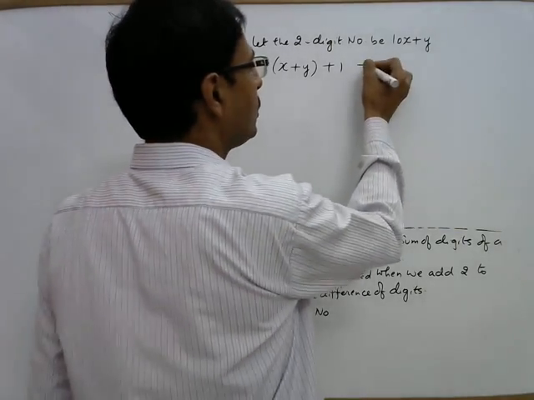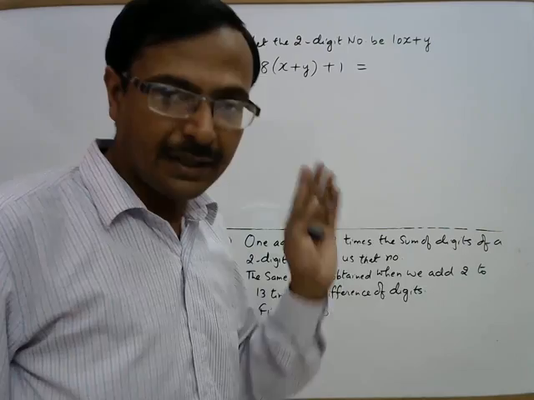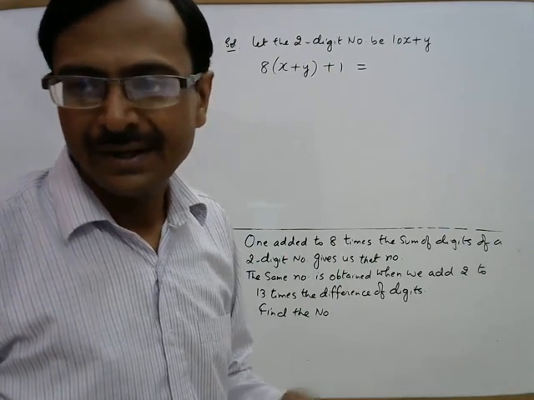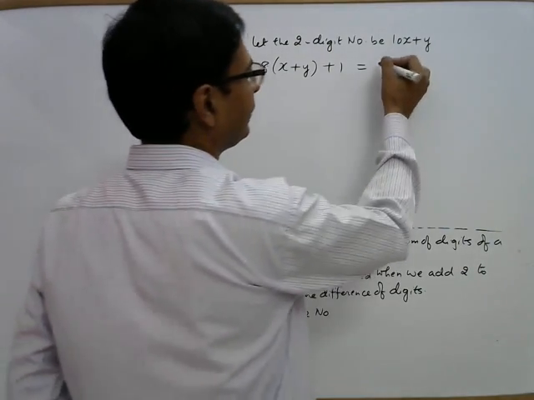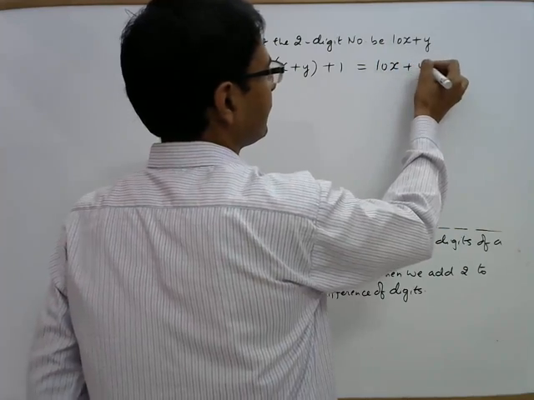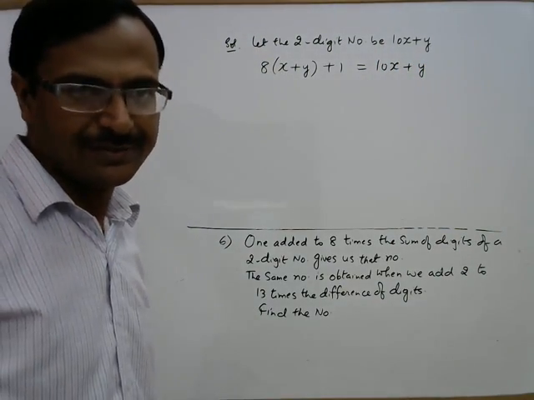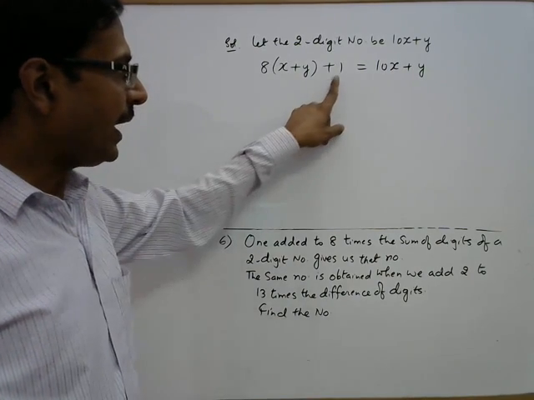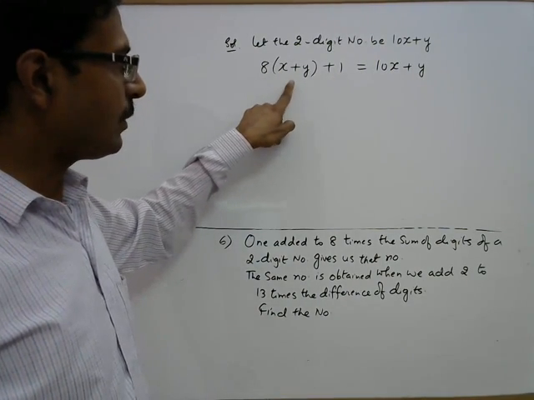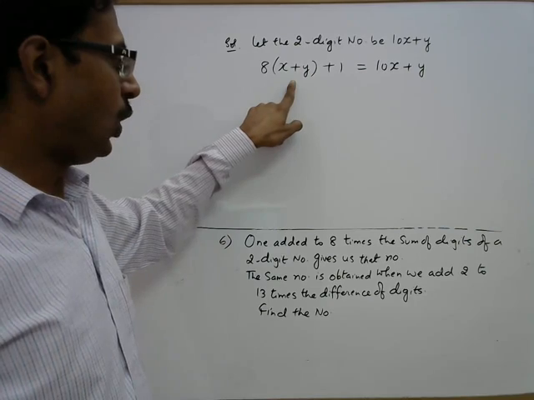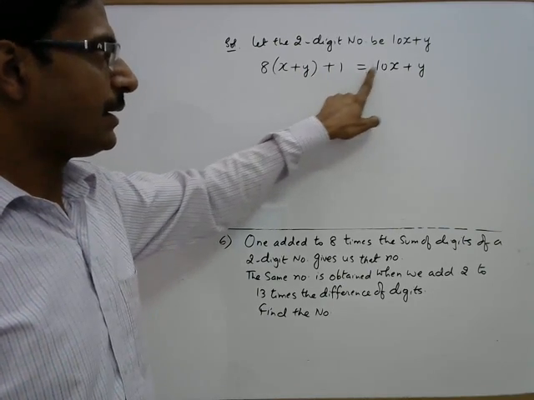It gives us, means is equal to, that number. And what is the number? 10x plus y. So see students, this is the first equation. 1 added to 8 times the sum of digits of a 2-digit number gives us that number.